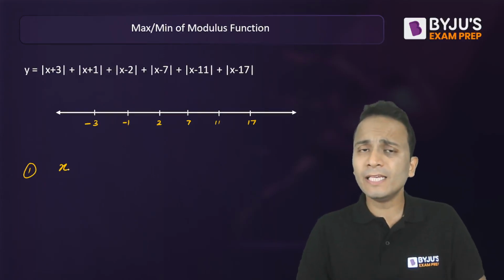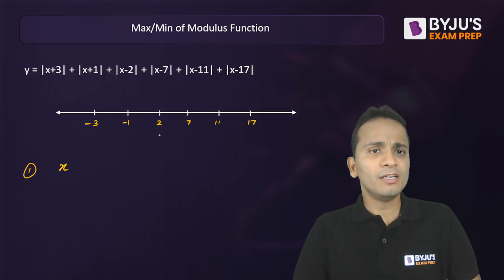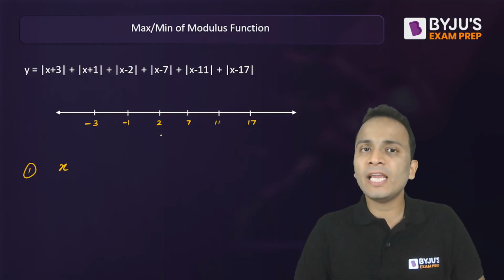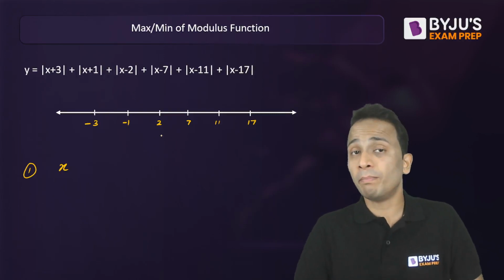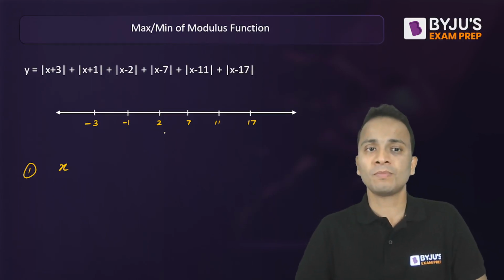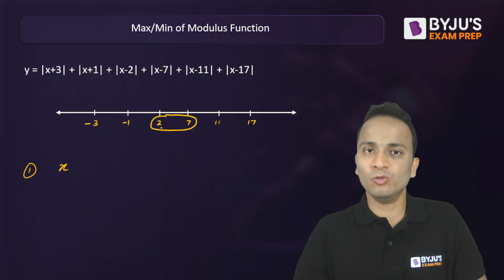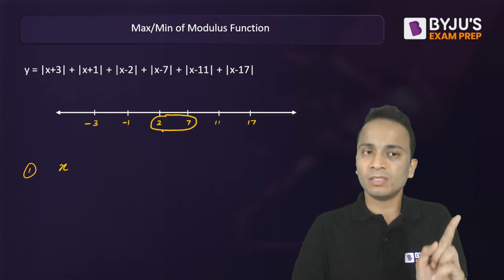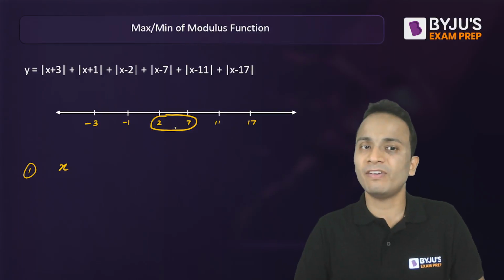Now in this case, when the number of modulus signs is even, the function will attain its minimum value not for a unique value of x, but for a range of values of x. This range will start from the middle two values, like from plus 2 to plus 7 in this case.